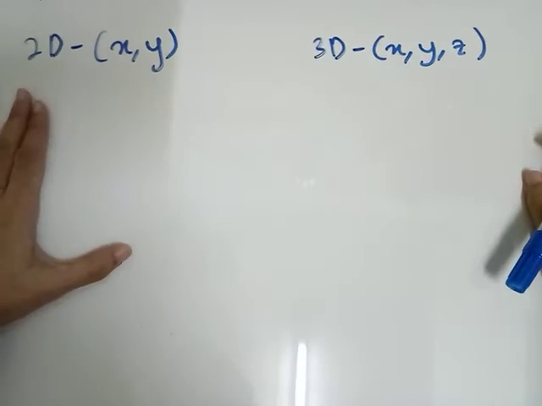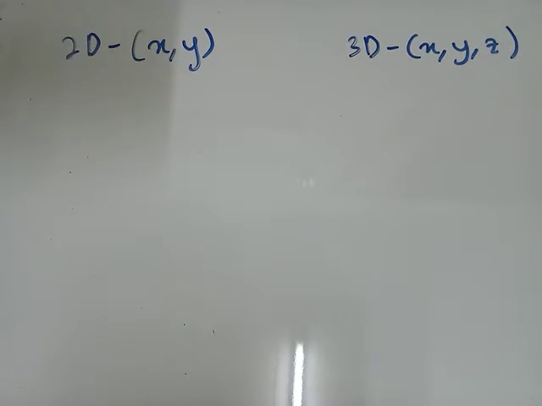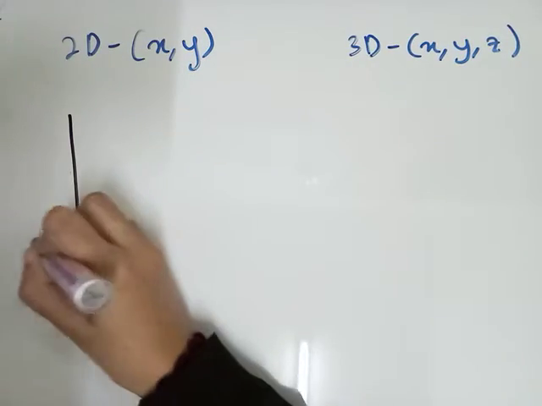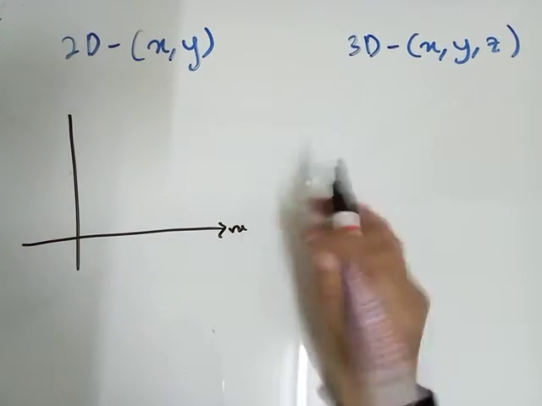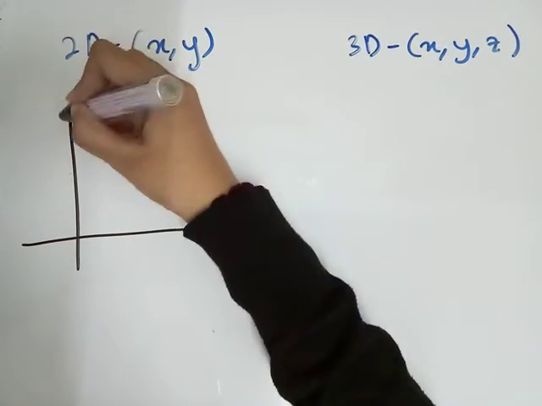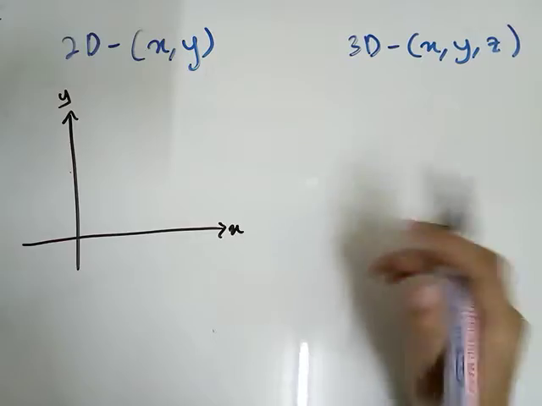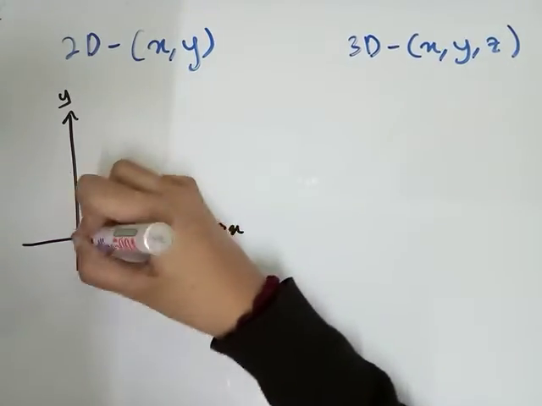Okay, for 2 dimension, let's say I draw the graph for the x axis and y axis. Let's say we have a vector OP.